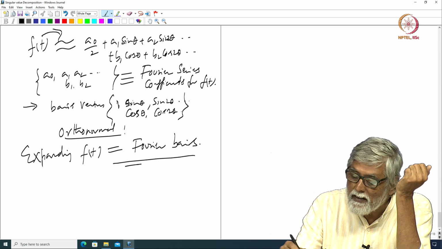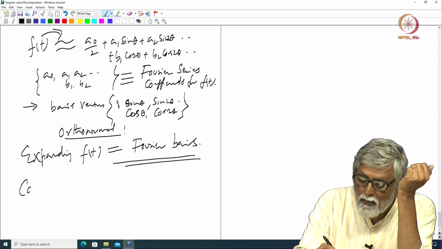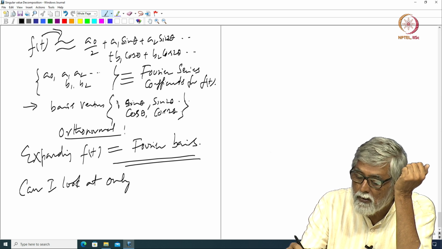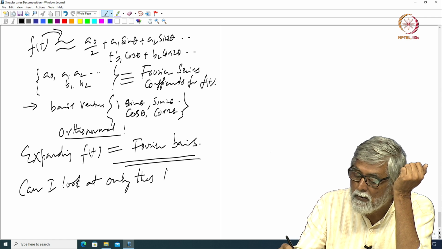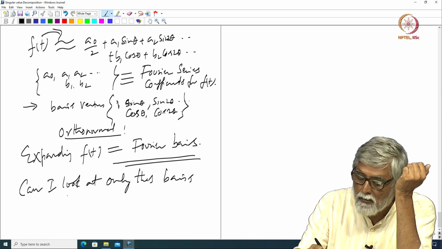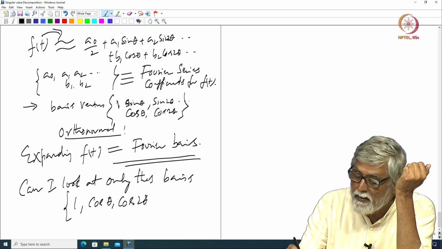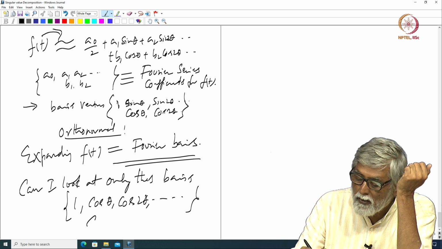Now, what is interesting is, can I look at only this basis? Say 1, cos theta, cos 2 theta, etc. I am looking at only cosine terms.